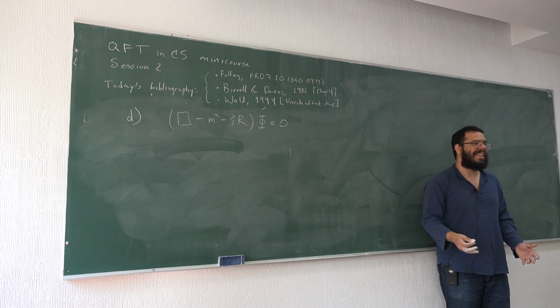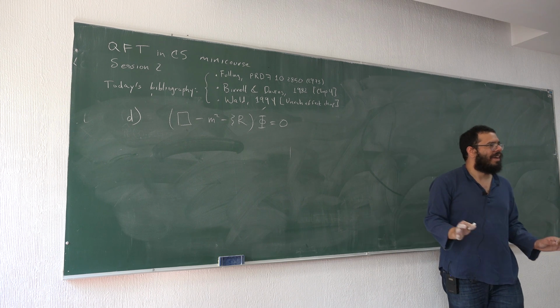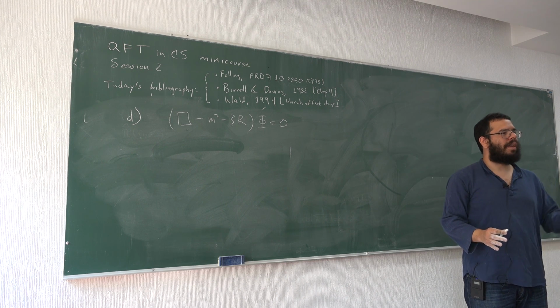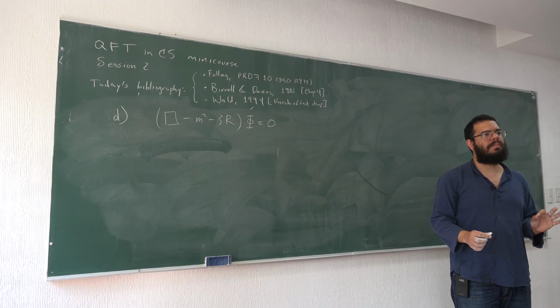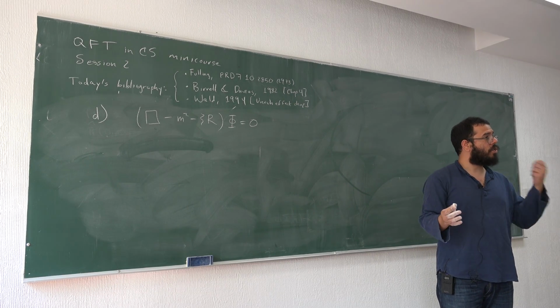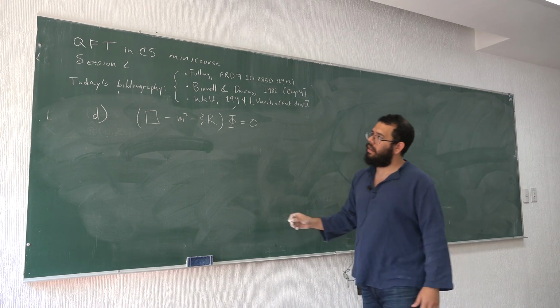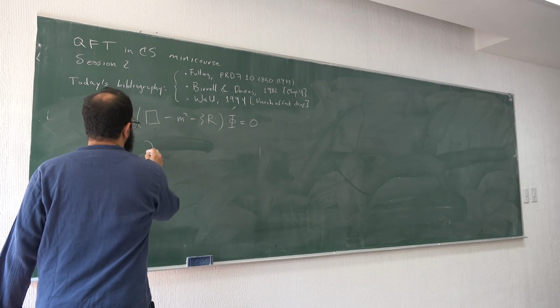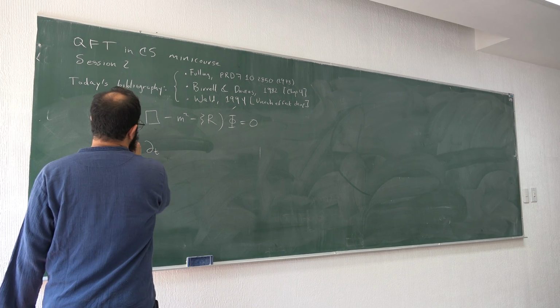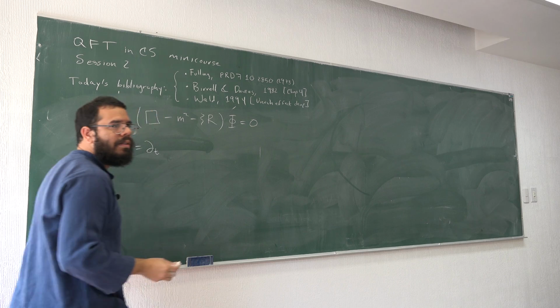an unspoken sin in some sense. We have singled out a time, we have given a special character to a time, which in the case of the construction from Wednesday was the time generated by this Killing vector of Minkowski space.